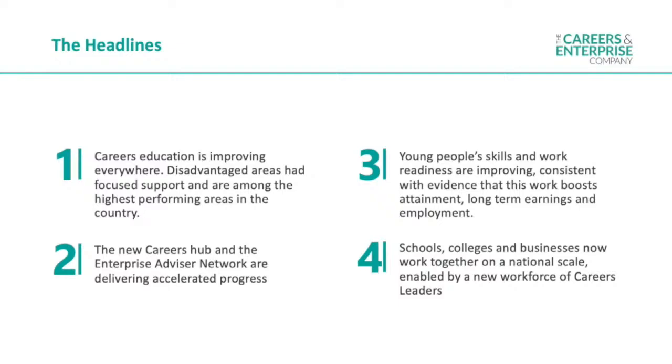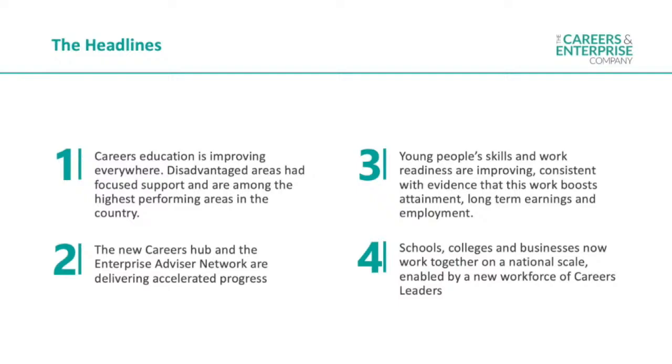Disadvantaged areas had the most focused support, from the start of the development of our Enterprise Advisor Network, and they're now showing to be the highest performing areas of the country in terms of achievement of the Gatsby benchmarks. The Careers Hub and the Enterprise Advisor Network deliver accelerated progress to schools and colleges, and in partnership with schools and colleges across the country.